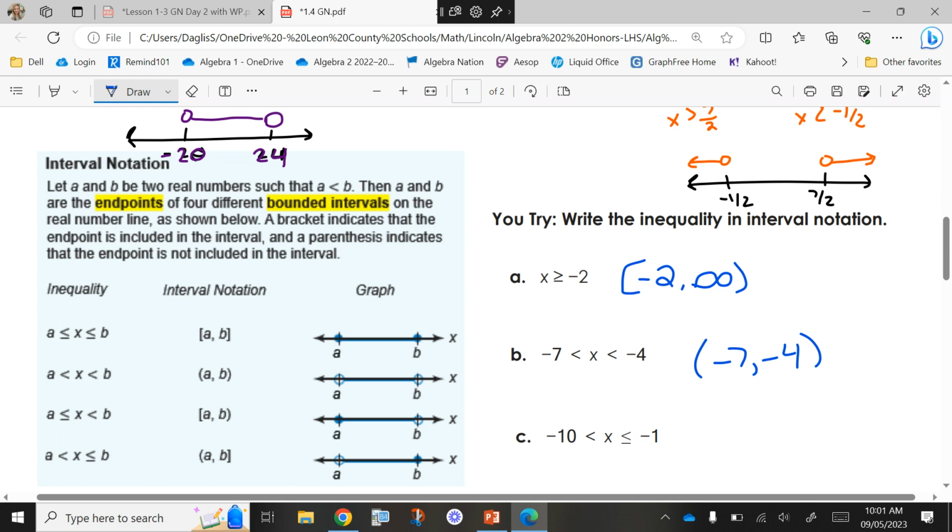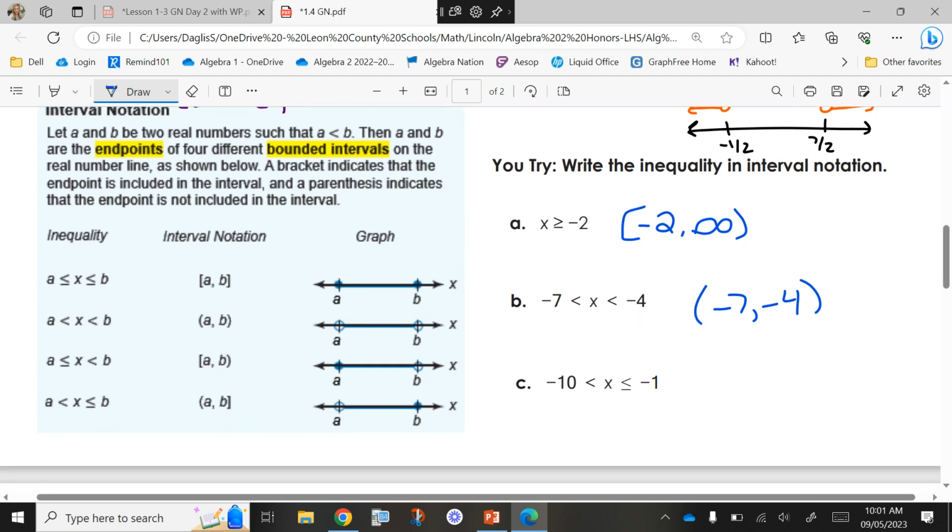Parentheses, because we're not equal to those values. On the number line, they would have open circles. If it's equal to, then it's going to go. Yeah. C has 2 endpoints. It goes as low as -10, but as high as -1. We are not equal to -10. We are equal to -1. Like that.